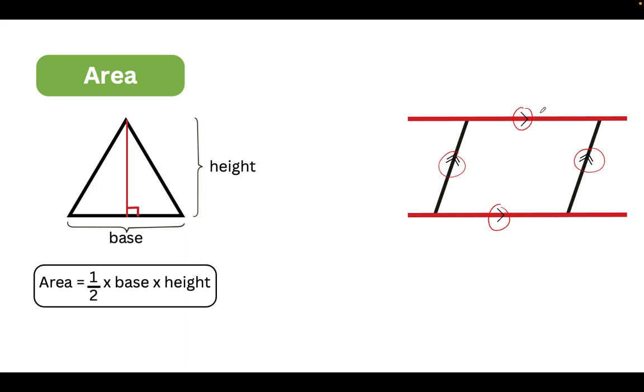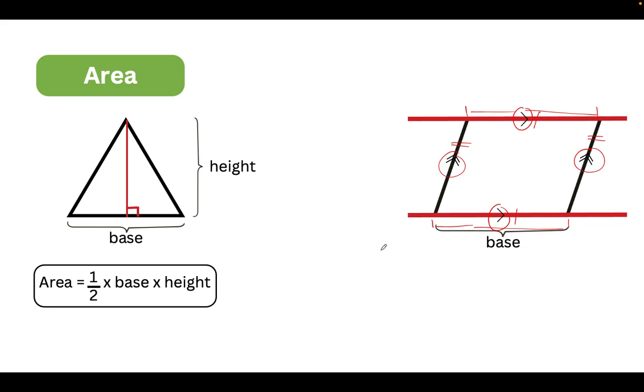And let me mark this: this length is equal to this length. And let me give a double line here. This means that the two black lines are equal as well.